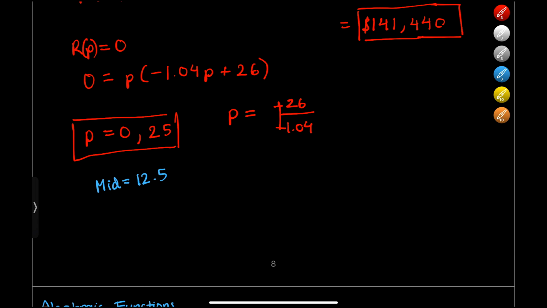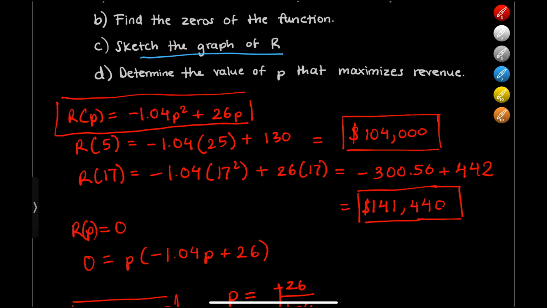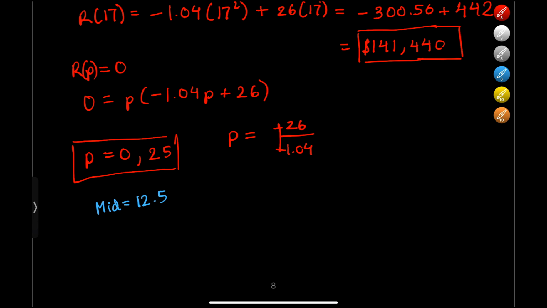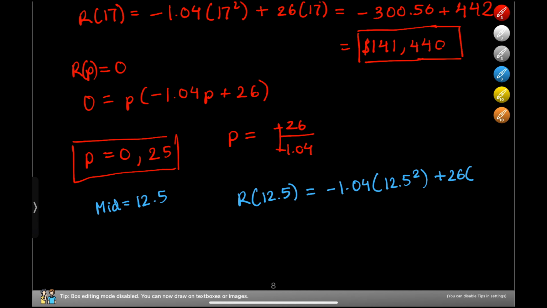And so if we find the revenue value when p is equal to 12.5, then we'll find the maximum value of the function. So let's do that. So r of 12.5 is equal to negative 1.04 times 12.5 squared plus 26 times 12.5.